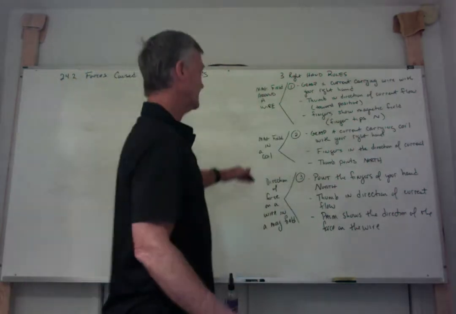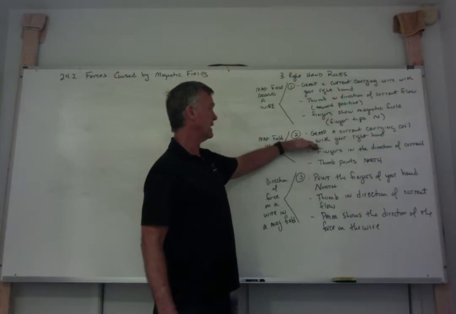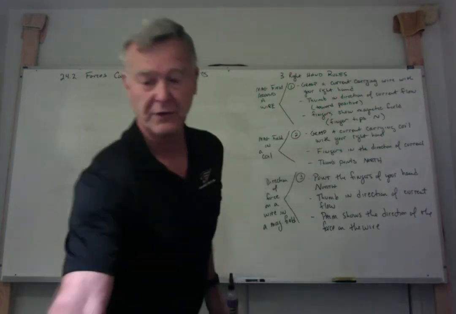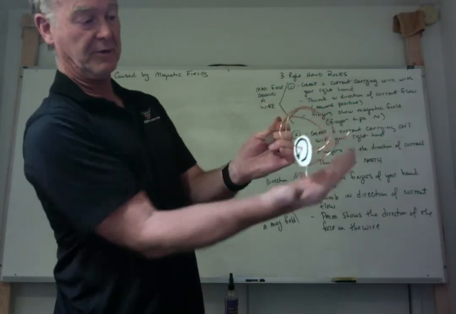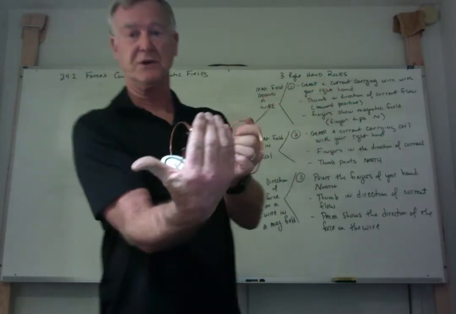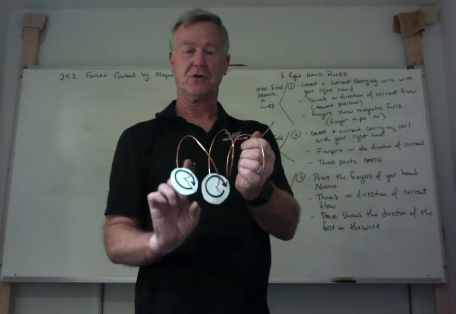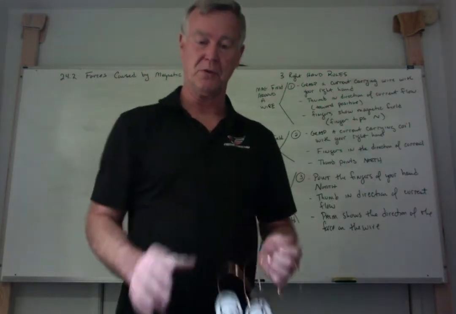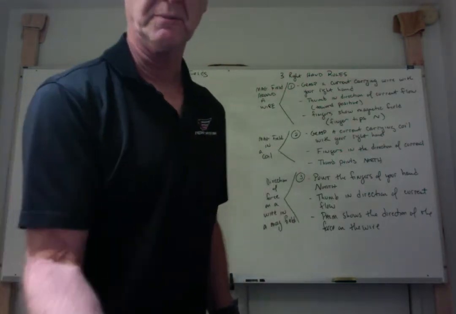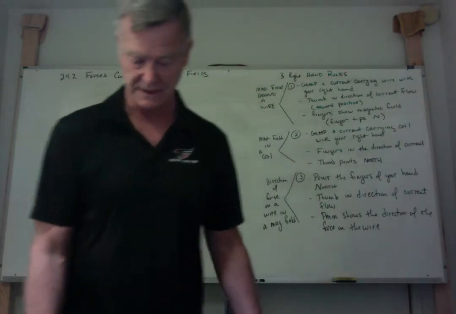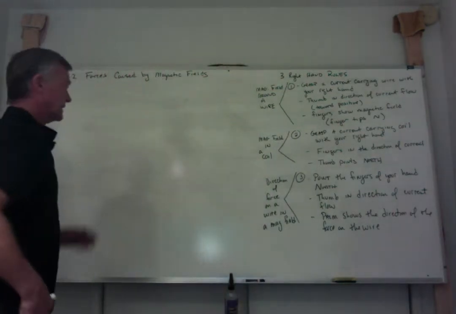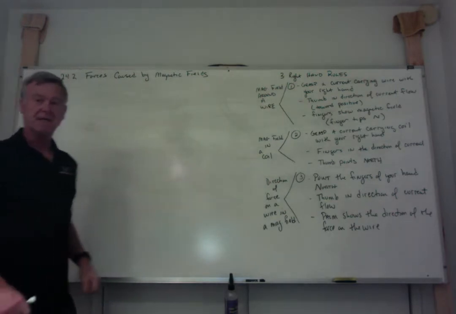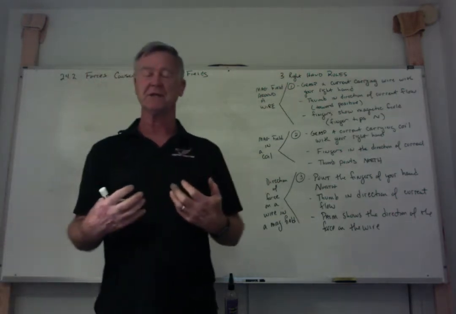And what happens then is if you grasp that coil with your right hand, fingers in the direction of current flow, so let's say it's positive here, I would bring my hand this way and my thumb would point north. If the current was flowing the other direction, my thumb would point the opposite direction.